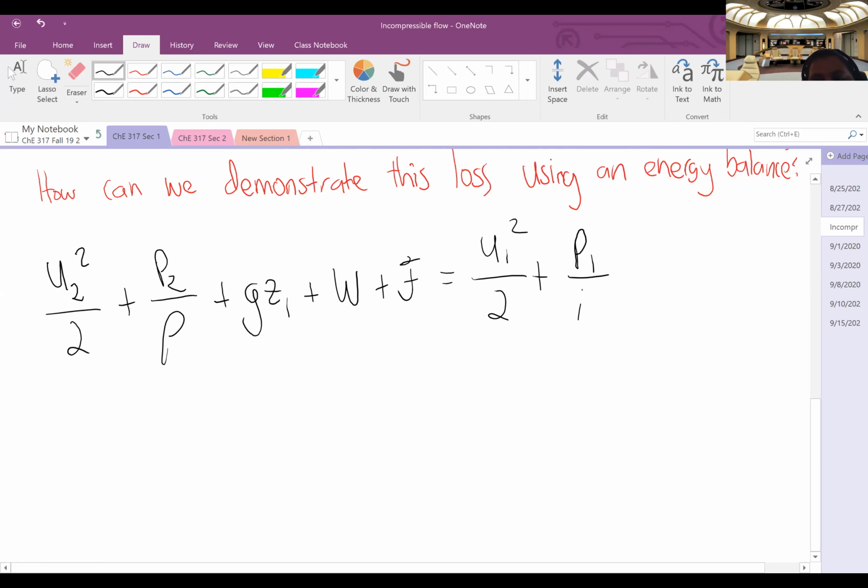And then from here, I can ask myself, which terms can I neglect in my energy balance? Well, if it's horizontal flow, I can say Z1 equals Z2. And if it's a constant cross-sectional area, I can say U1 equals U2.